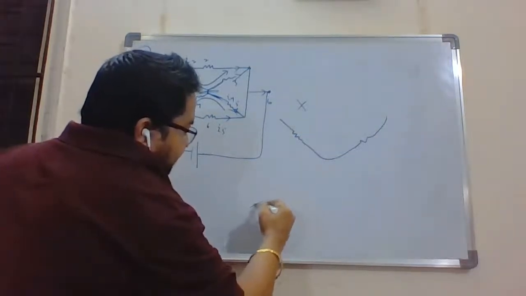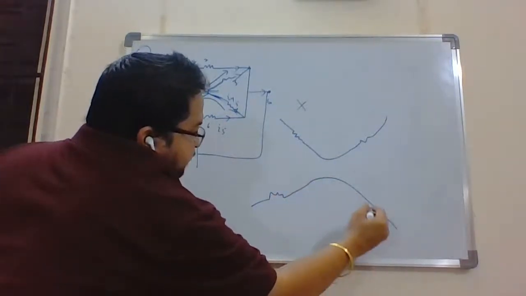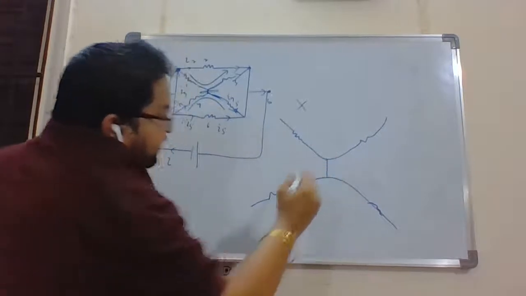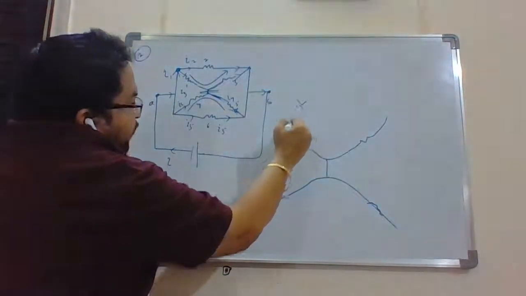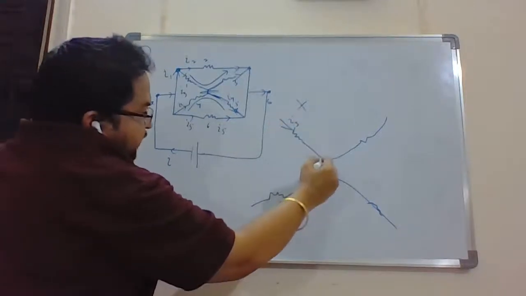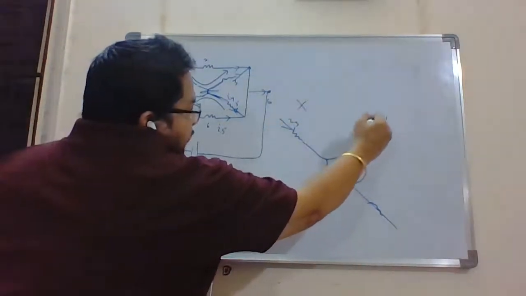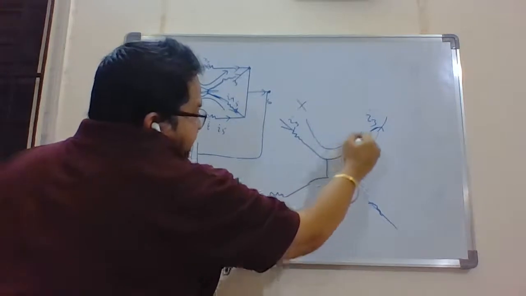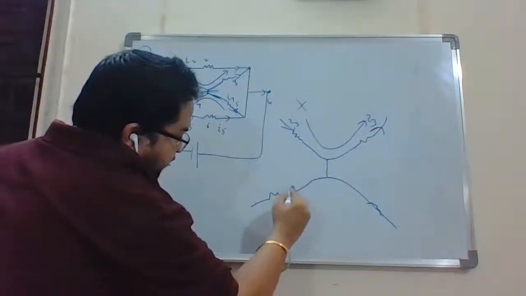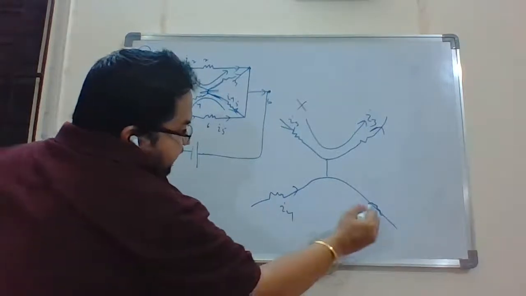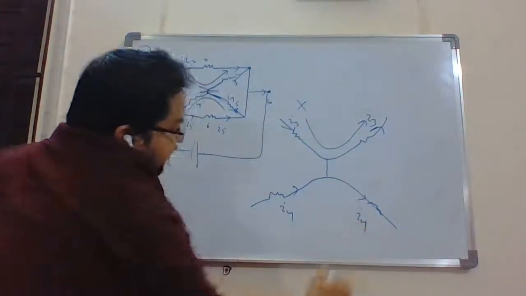Okay, this is like this. So here the resistance, and here it was, right? I3 was coming in this direction, and that same I3 was going back like this, came like this, went like this. Similarly, I4 came like this and went like this.